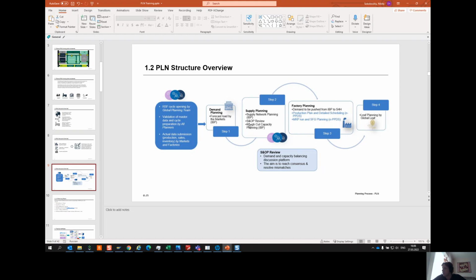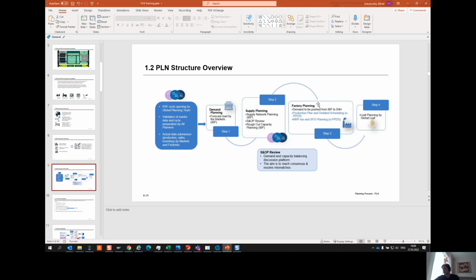On the supply planning stage, we also have the review of demands, and we need to break them down into more accurate and more specific demands for every market, and send this information to the third module, which is factory planning.